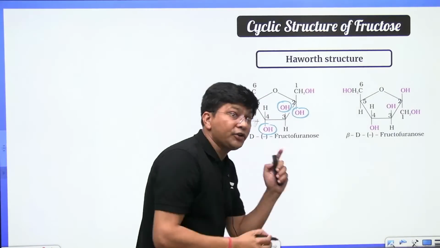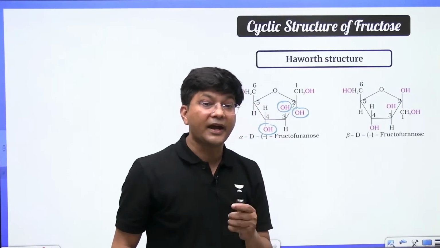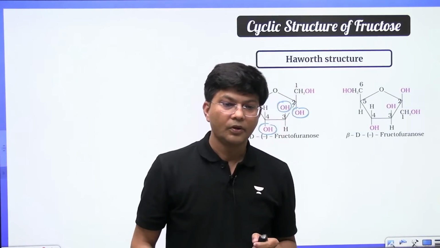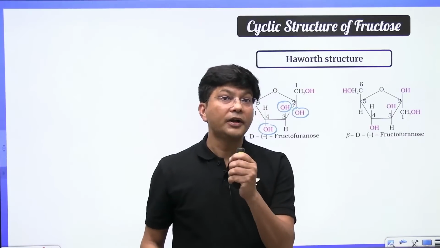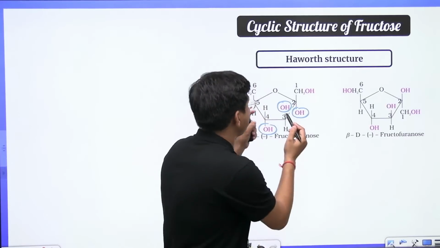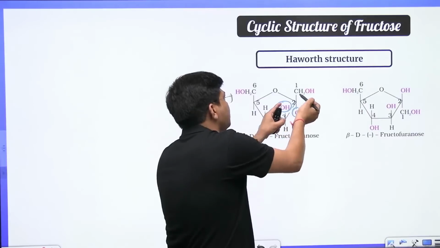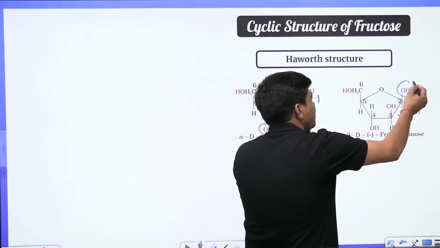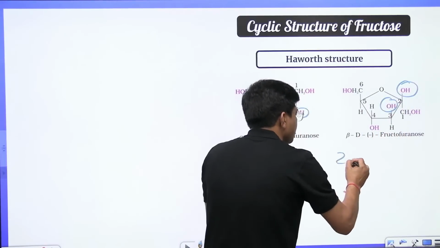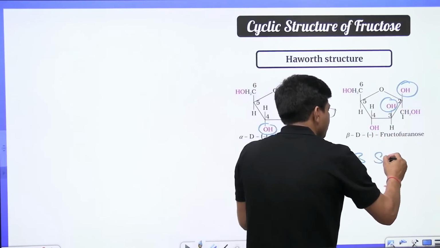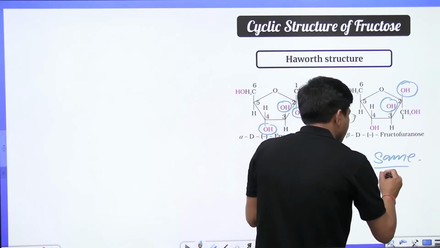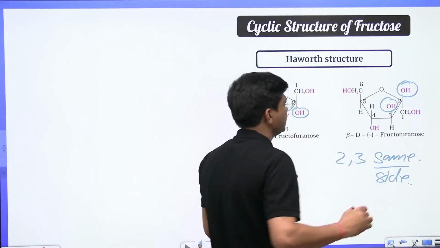Now, if I am going to make beta-D-fructose, where should the change be done? If you want to understand beta-D-fructose, will the change be at the third carbon or the first carbon? The first carbon, because the second and third will lie on the same side. That's the point.